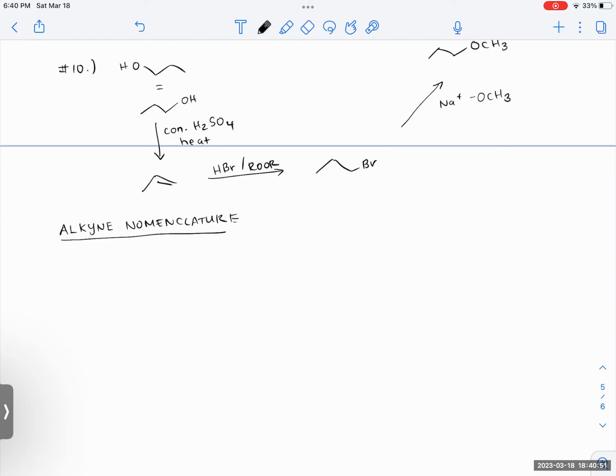All right, so alkyne nomenclature. I'm going to do number 12. Okay, I think I drew that correctly.